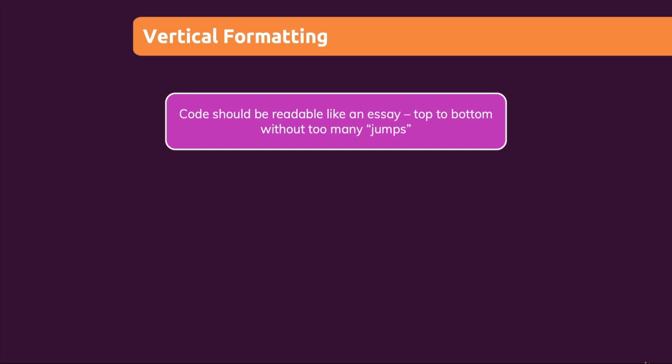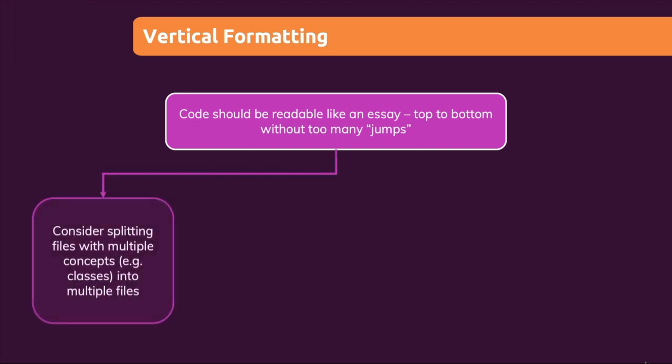For example, if your file becomes too big, if it houses too many different concepts, you want to consider splitting it across multiple files. Now, there is no hard rule on how many lines of code in one file are considered to be too big.